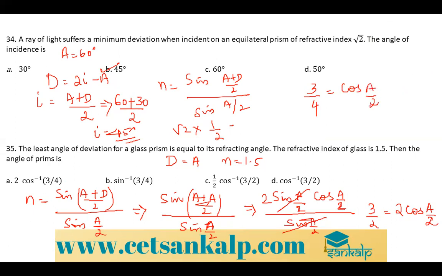We need A, right? So A by 2 is equal to cos inverse of 3 by 4.